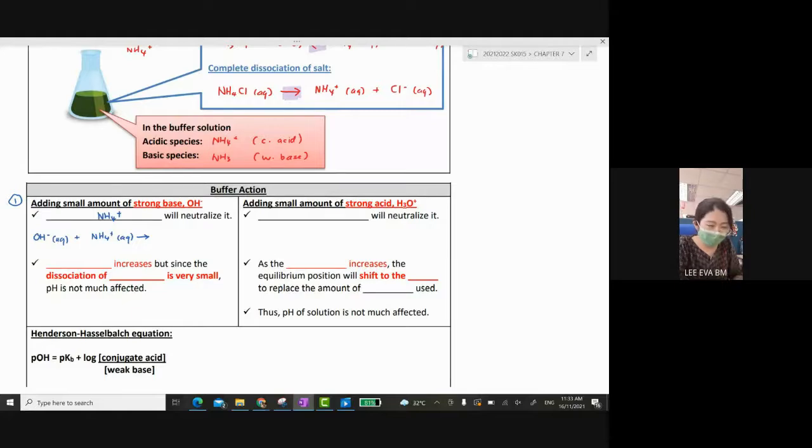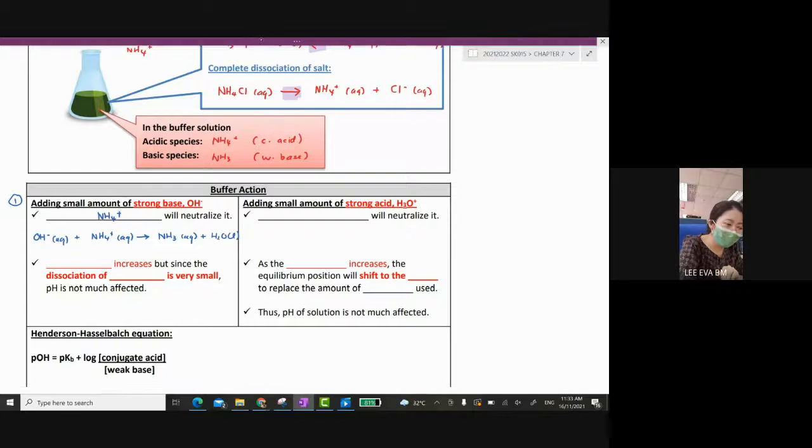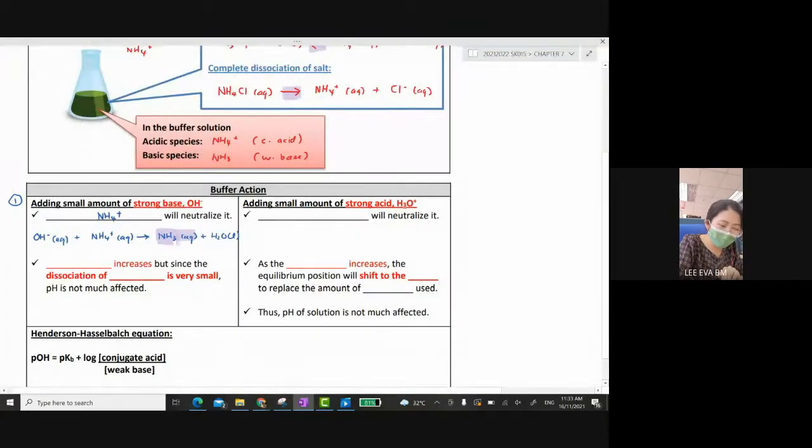Okay, complete reaction. So OH minus and NH4 plus will give you the product NH3. So after the NH4 plus donates proton, it becomes NH3. And then the products, you have water. Okay, so highlight again. In this case, we are producing the weak species. So just now, madam said, if it mentioned about the weak species, we talk about the dissociation.